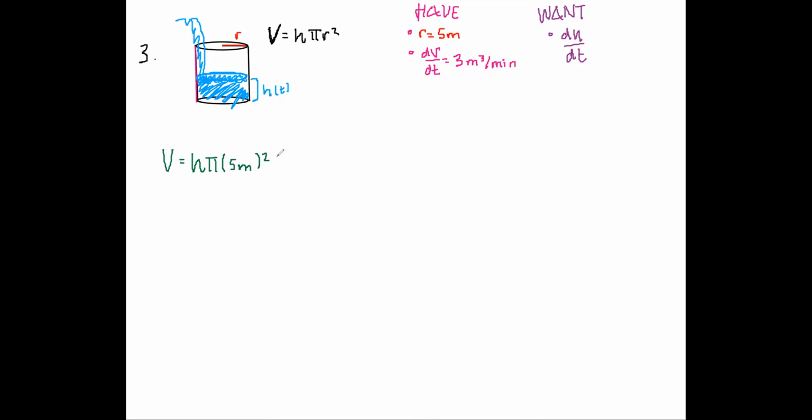We're not finding the derivative of the radius, so we're pulling that out and leaving that as 5 meters squared. Instead, I'm just going to say this is equal to 25 pi h, because the only reason this volume is changing is because the height is changing over time.